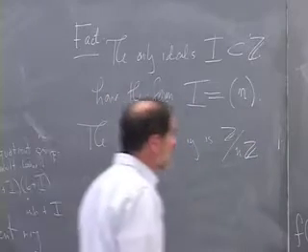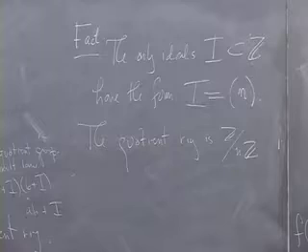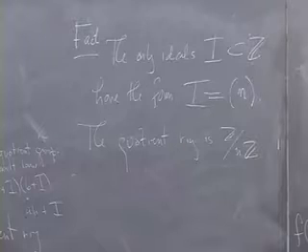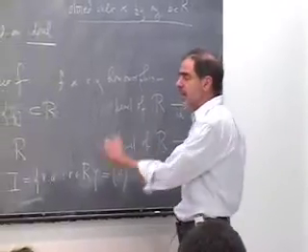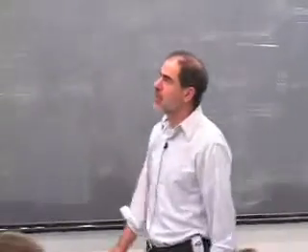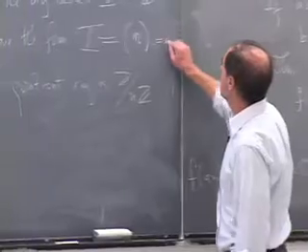So the only ideals of the integers are the ones of this type. If you have anything that's stable under multiplication by an arbitrary element in the ring and stable under addition, then it's all multiples of n. In other words, you could write n times Z.